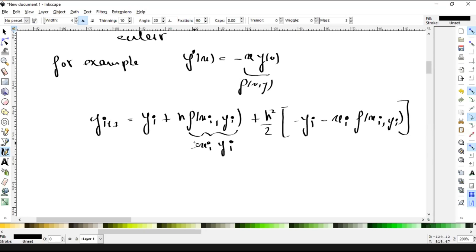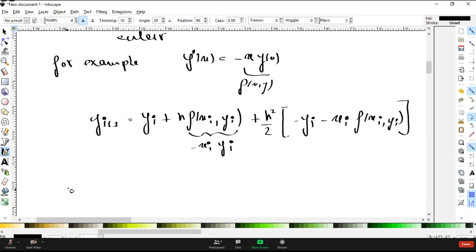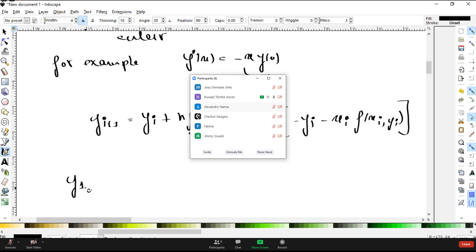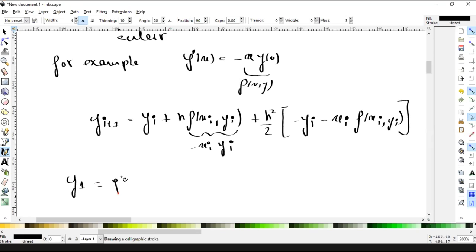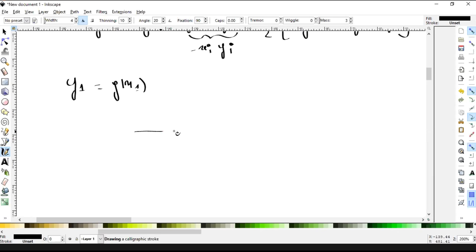The Euler is an explicit method, that you calculate. If you have the initial solution, y1 equals y of x1, where x1 is your first point, the initial solution.